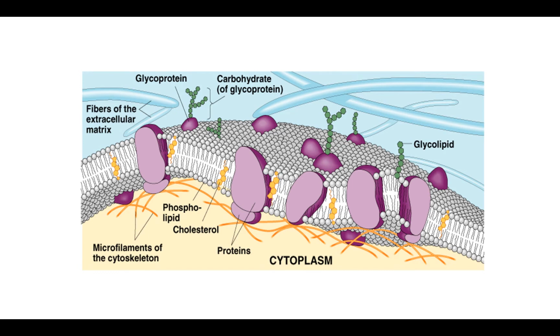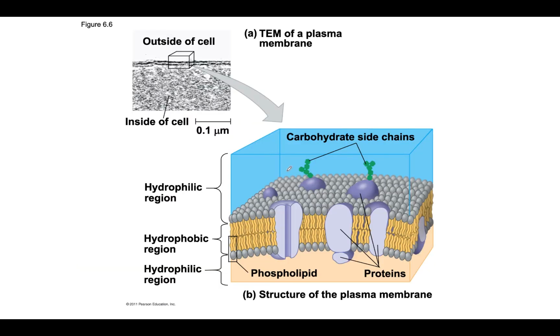So you can see there are several glycoproteins located throughout the phospholipid bilayer. Again, when you look at the phospholipid bilayer, you can see a carbohydrate side chain bound to protein, indicating a glycoprotein.